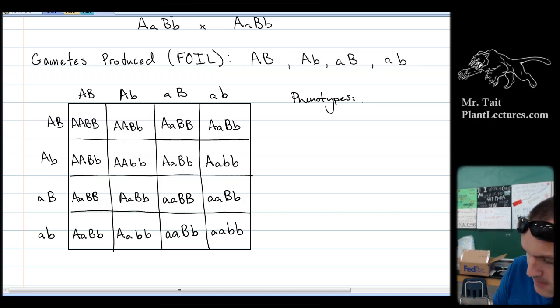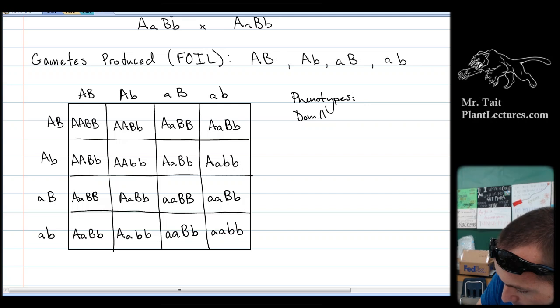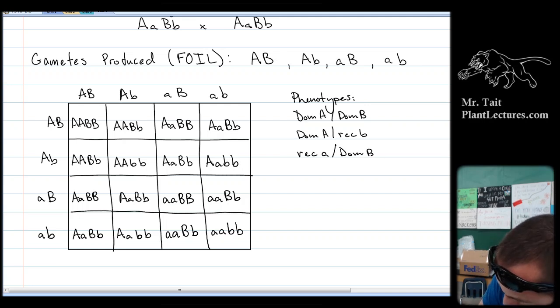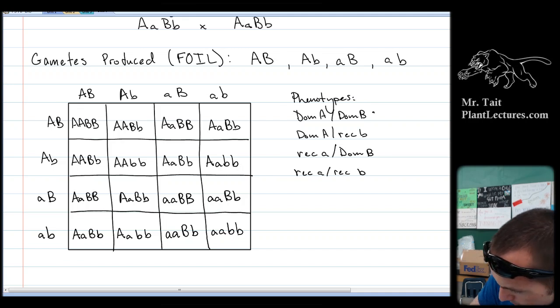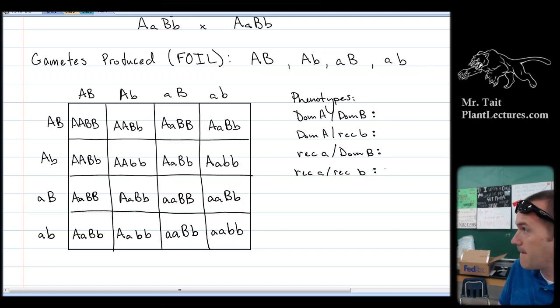All right, so I got different phenotype combinations. In this case, I've got dominant A, dominant B. I've got dominant A, recessive B. I've got recessive A, dominant B. And I've got recessive A, recessive B. Okay, so let's figure them out.